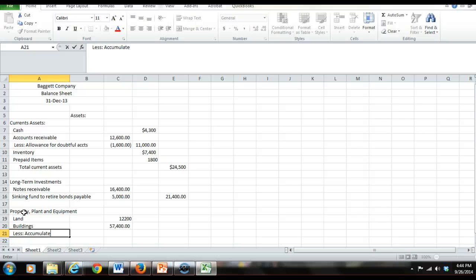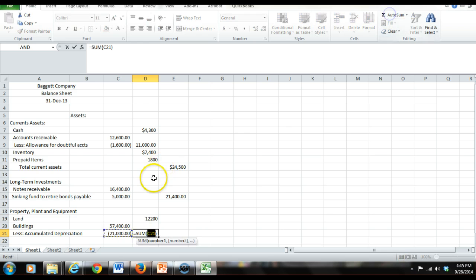Again, this is a contra account that is used to net our buildings, because this is the amount that we have taken for depreciation purposes throughout the life of this building. And so to come up with a net here, I will show those two figures, 36.4.